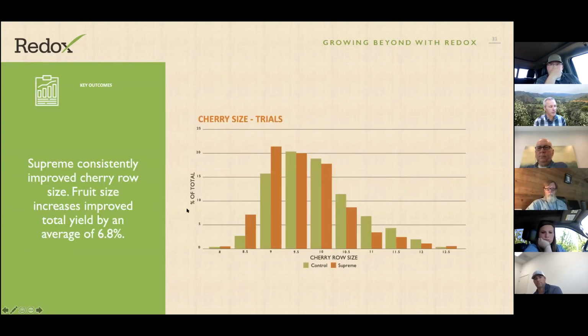Supreme consistently improved cherry row size across the board with all of these different varieties and all these different locations by an average of 6.8%. This was characterized by a marked increase in the 8.5 to 9 row cherry category, so on the larger end, as you can see here in this graph, and a decrease in the much less desirable 10.5 row and smaller.